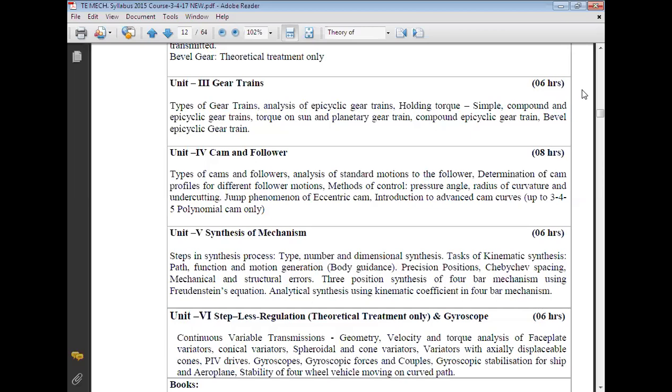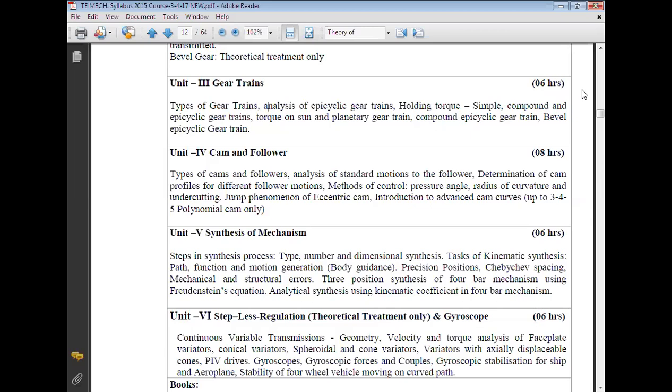In the same unit, we are going to see the holding torque for simple, compound, and epicyclic gear trains. Now these are nothing but the types of gear trains: simple gear train, compound gear train, epicyclic gear train. Okay. Then torque on sun and planetary gear train.